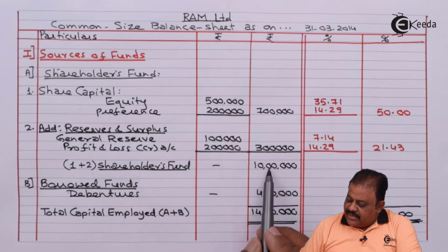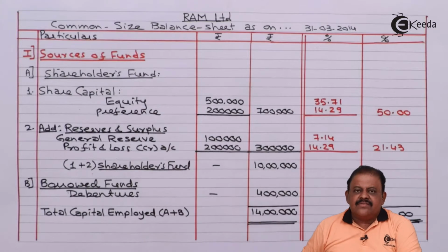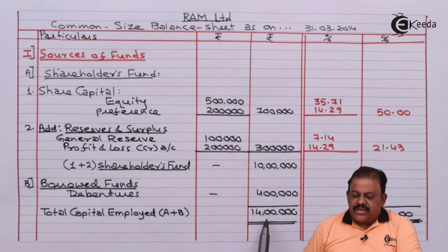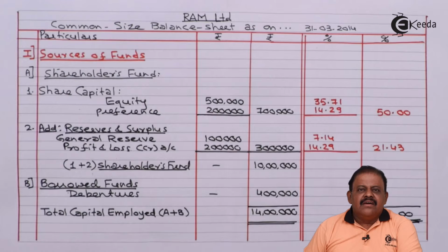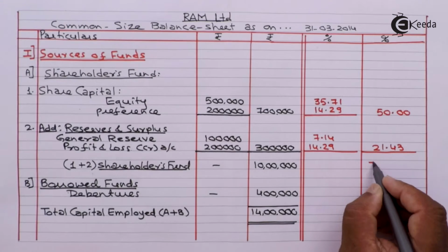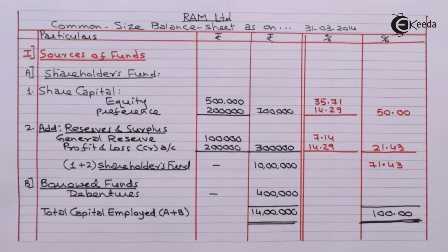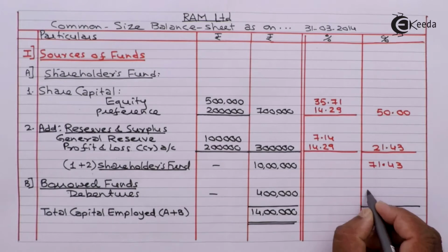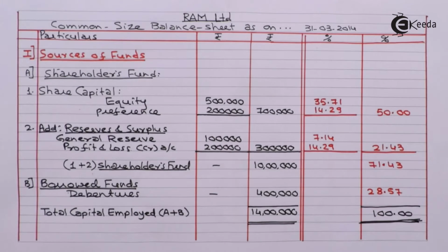So shareholders fund 10 lakhs divided by 14 lakhs multiplied by 100, and debenture 4 lakhs divided by 14 lakhs multiplied by 100. Shareholders fund 71.43%. Debentures 28.57%. We have completed first part of the balance sheet.